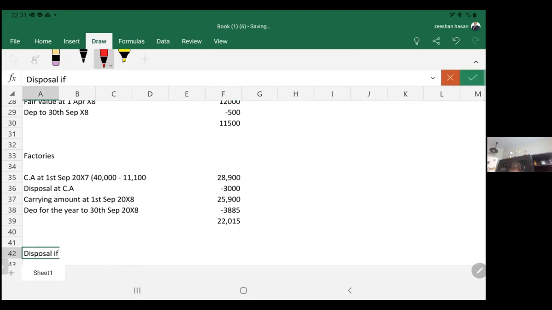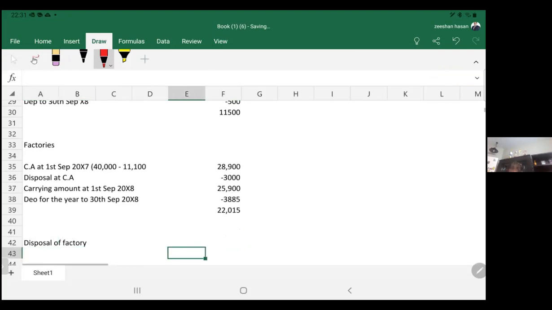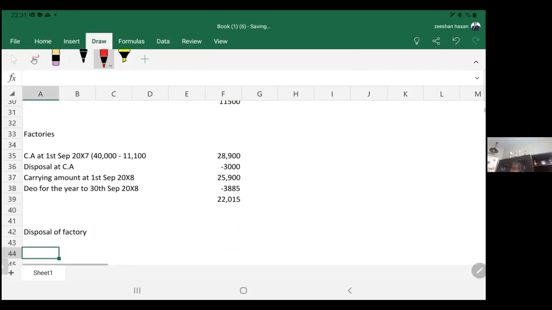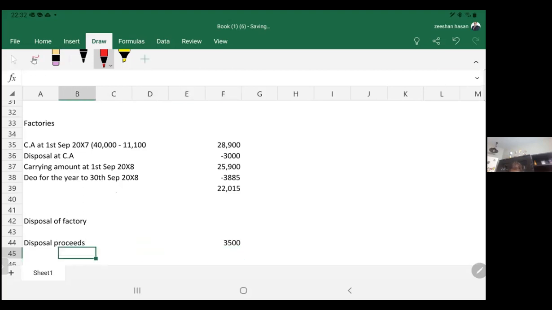Finally, disposal of factory. Disposal proceeds 500. Carrying amount is 3,000, which we sold.